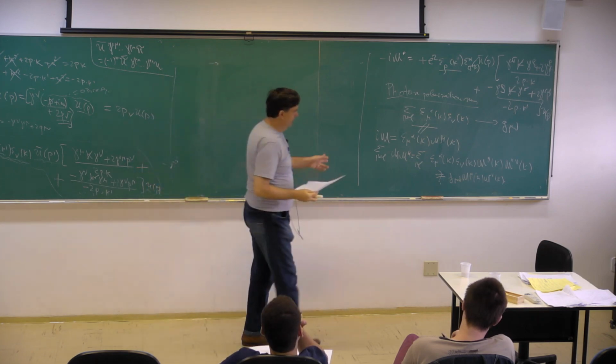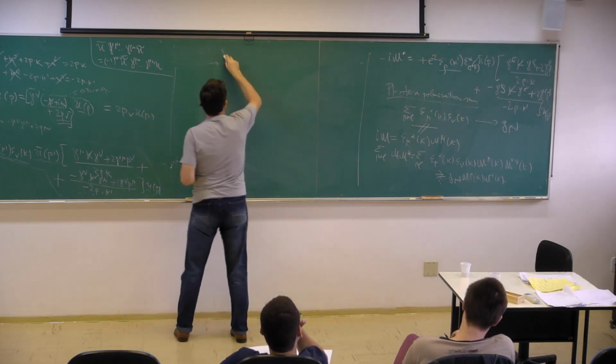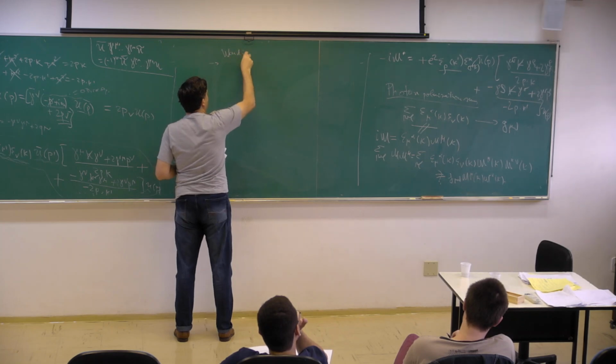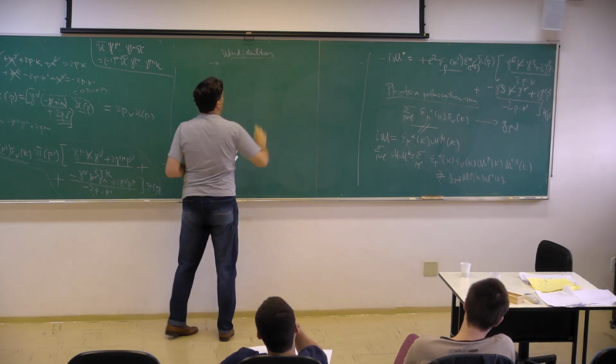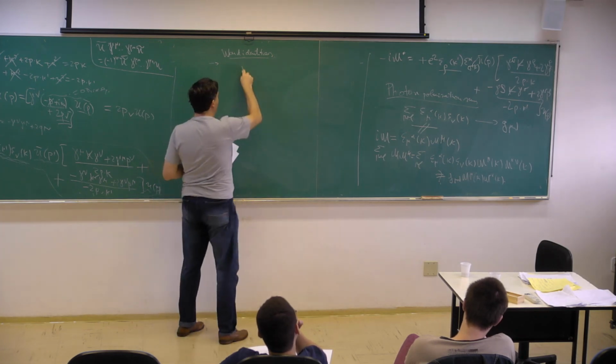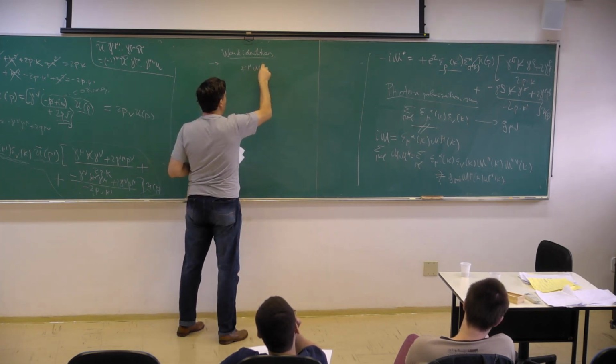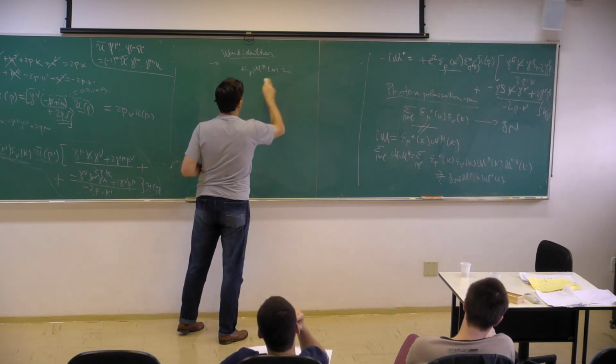Why is that? Well, we will use the Ward identities. In this case, they will imply that k^μ M_μ(k) will be equal to 0.